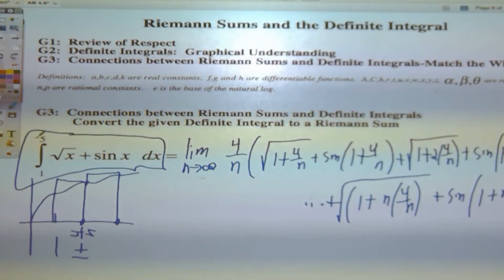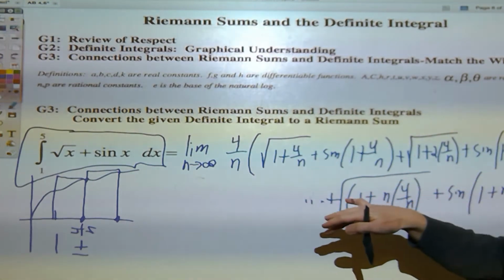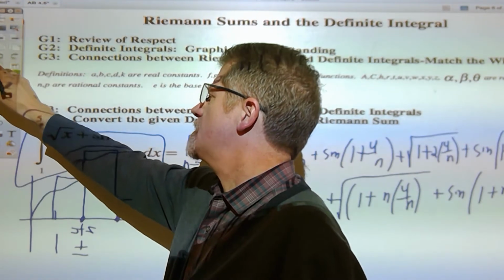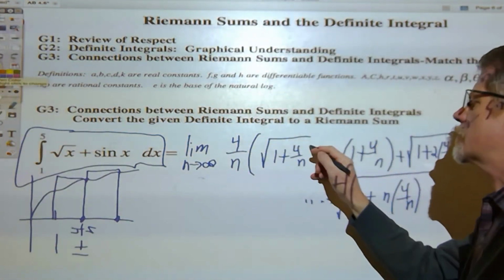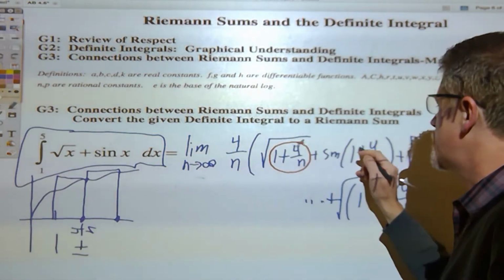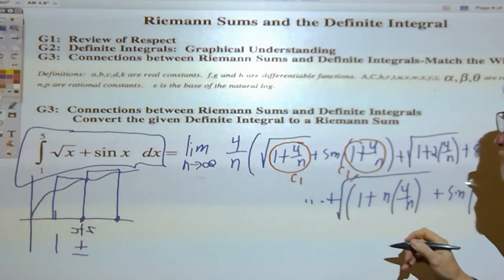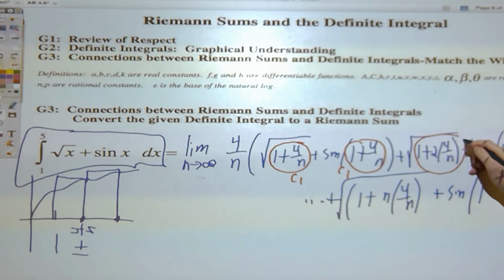Now, in order to reverse engineer this, I need to know the function, and the best way to see the function is to first of all circle the golf balls. So this first pair of inputs we'll call C1. The second pair of inputs, it's like the second golf ball, we'll call it C2.